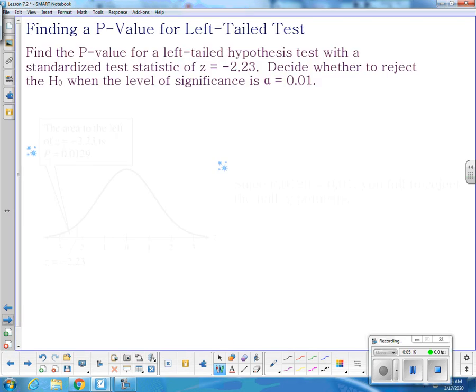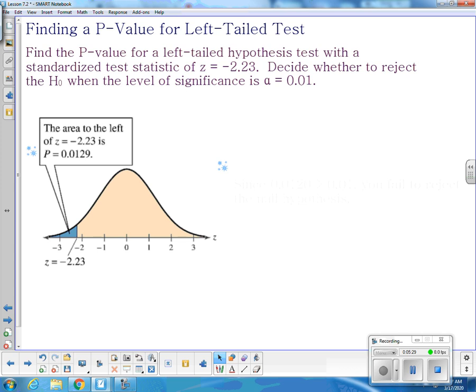Find the p-value for a left-tailed hypothesis test with a standardized test statistic of negative 2.23. So this is what it looks like on the curve. If I go to my z-score chart and look at negative 2.23, I see that it says 0.0129, just like they gave here.